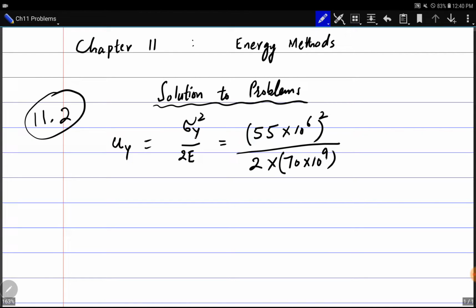So it is a simple calculation. Uy will become 21.6 into 10 power 3 joule per meter cube.